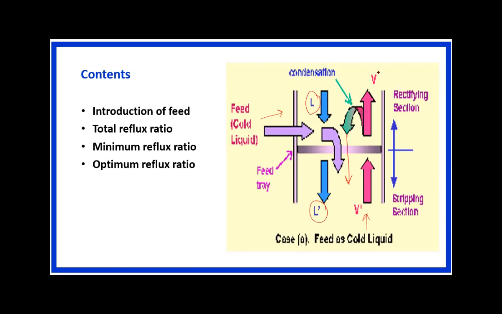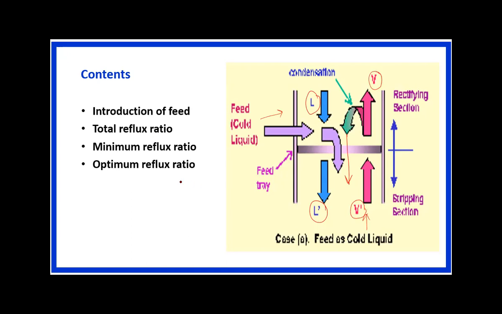The vapors in the rectifying section can be considered as capital V, and the vapors in the stripping section can be considered as V dash. So these are the liquid and vapor flow rates of the respective sections, and in a similar way we can write the equations for L dash and V dash.